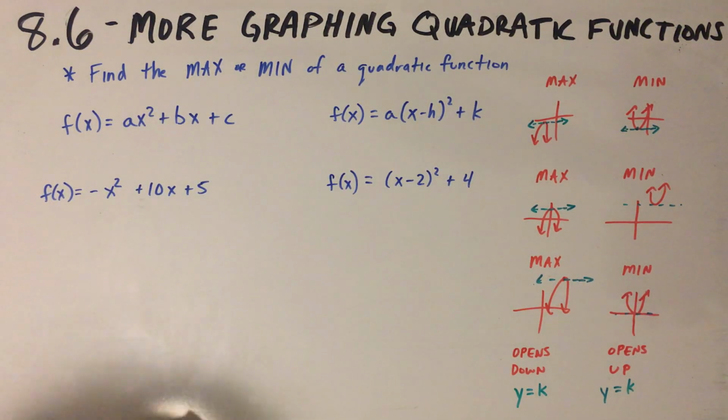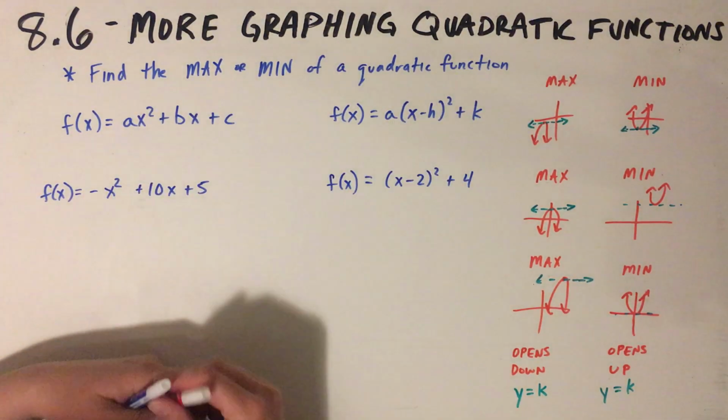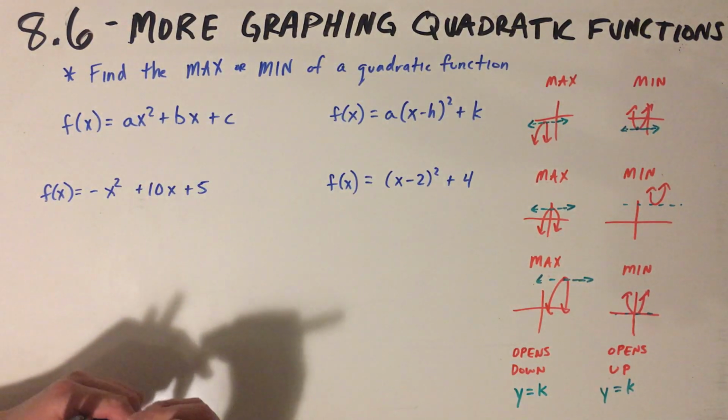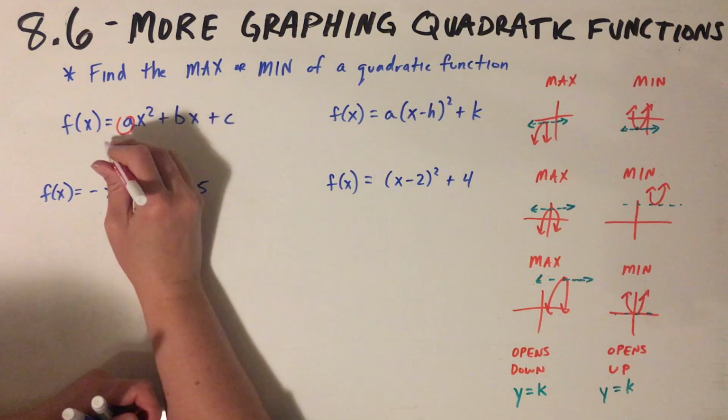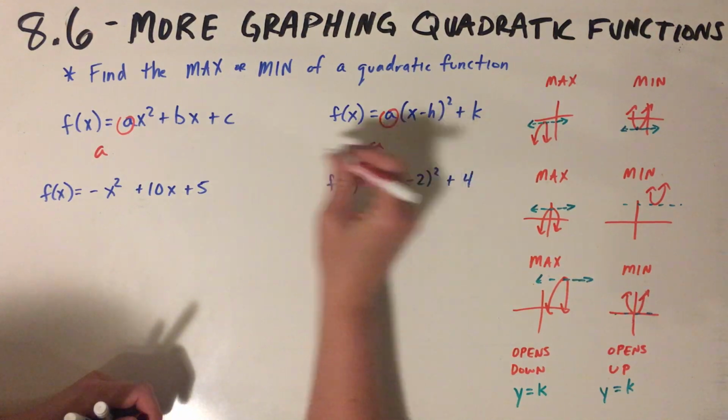Well, how do we know if it opens upward or downward? Remember that we're going to be dealing with these two different forms. And here, if a, in both cases, right, these a's. All right, so what do we know?